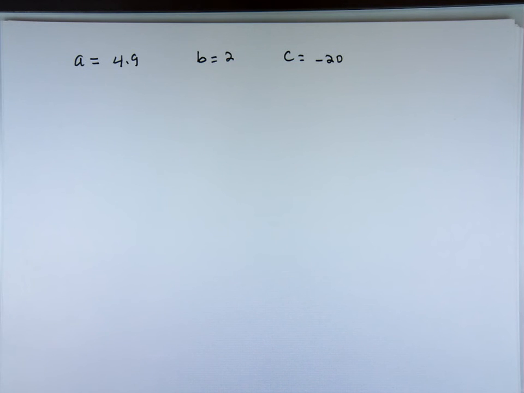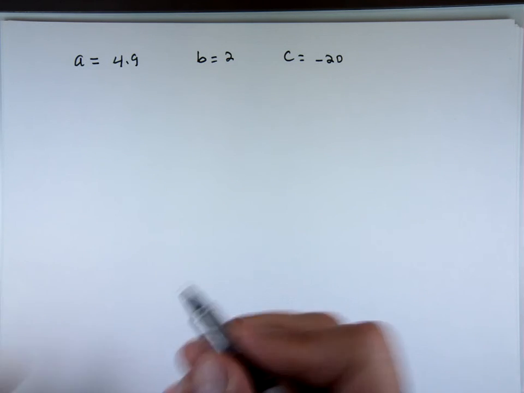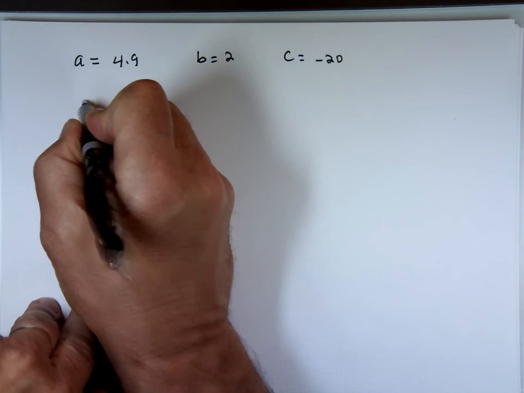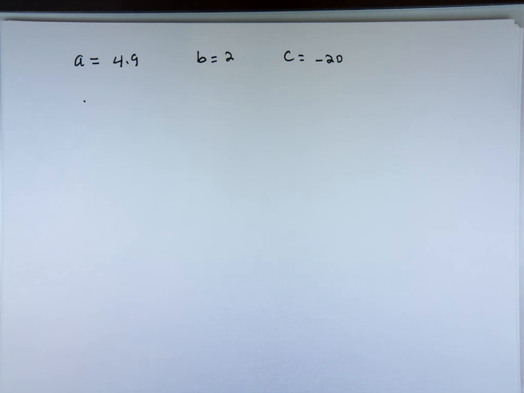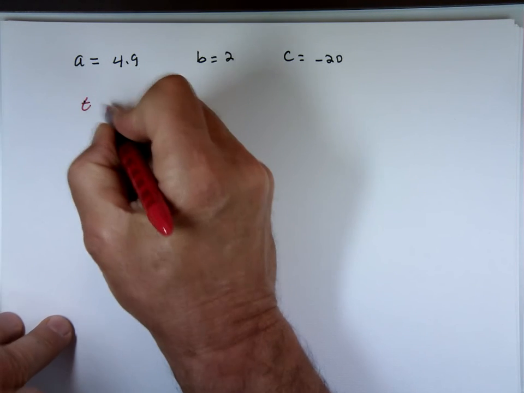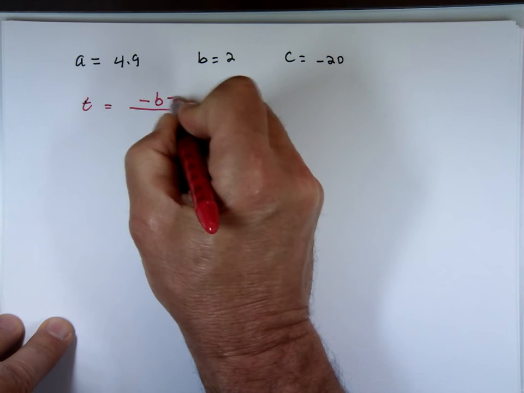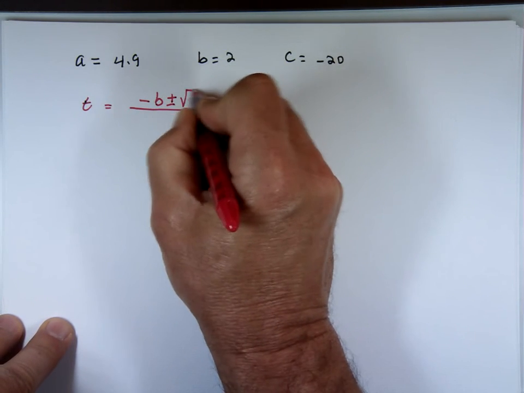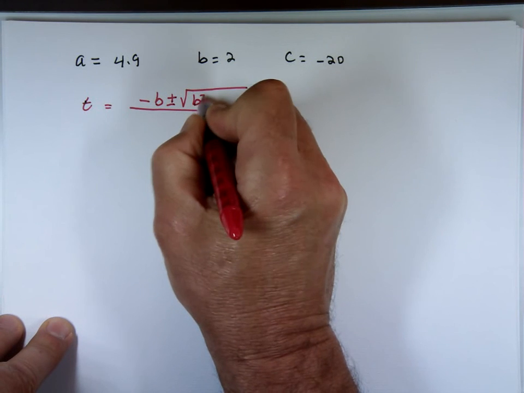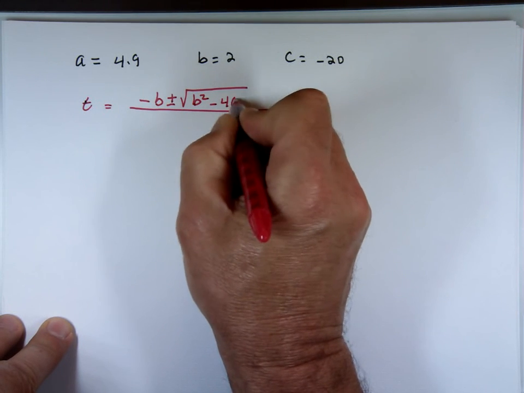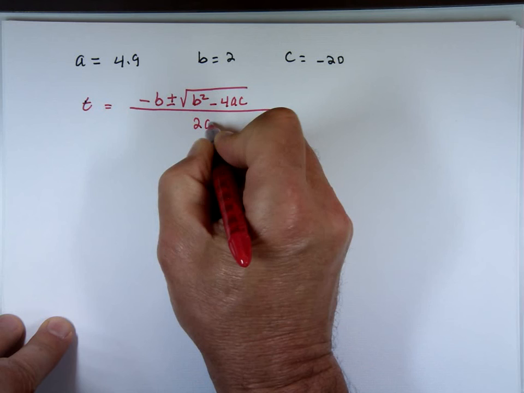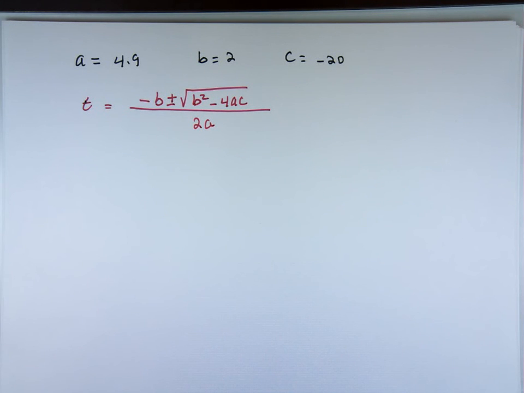We can use the quadratic formula, which is what? Let me just write it down in red. We're solving for the time. Minus b plus or minus the square root of b squared minus 4ac, divided by 2a. Plug in what we know.